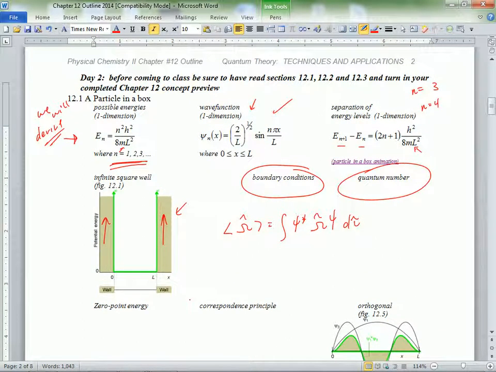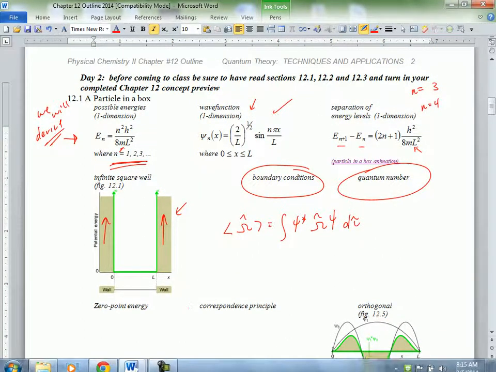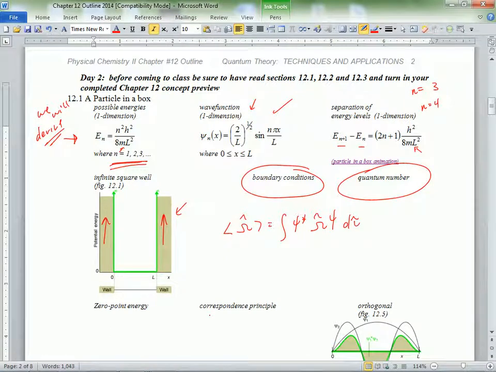Zero-point energy. Oh, I shouldn't have erased that box. But you saw all those lines in there? There wasn't one at zero, because the lowest number is n equals 1, so it's not n equals 0. At the ground state, the lowest energy, it's not 0 joules.